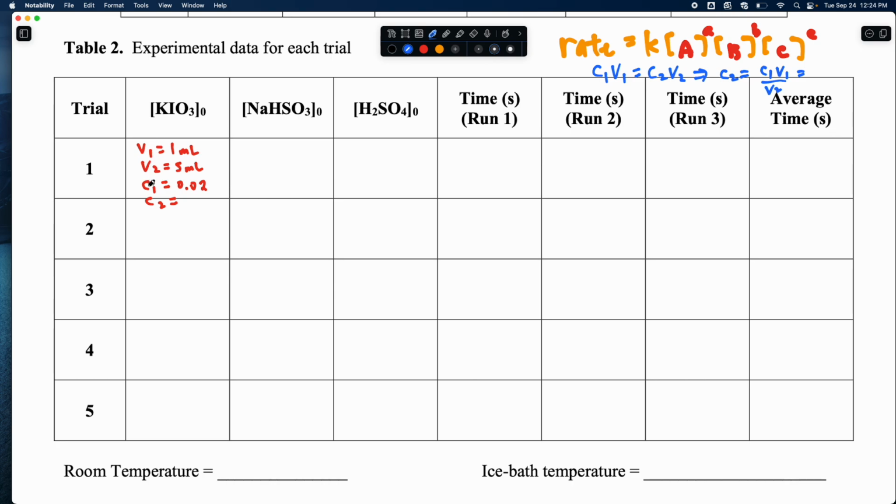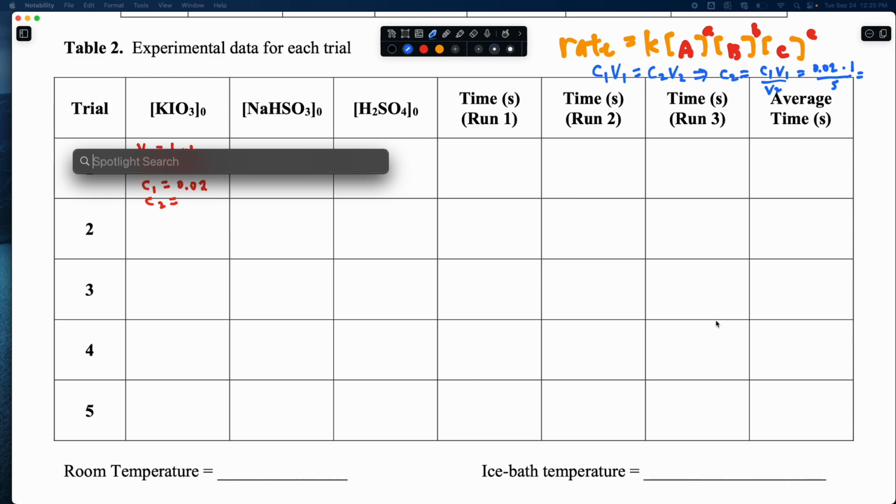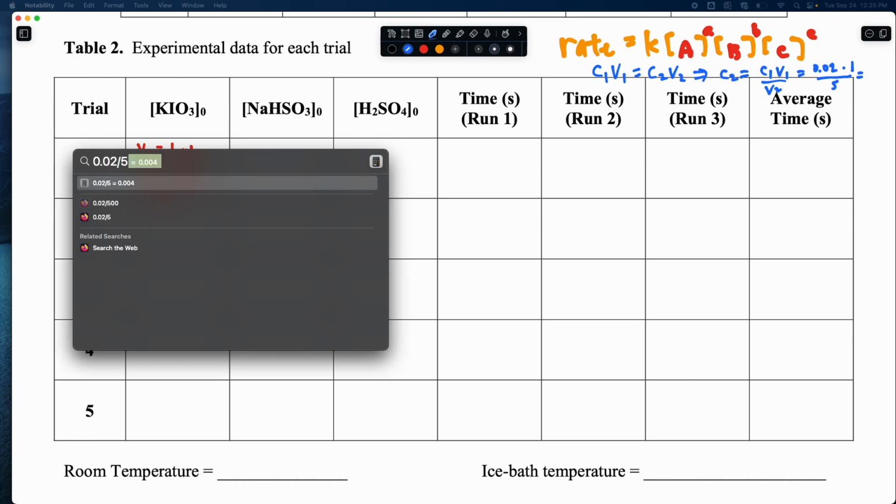Going back over here, C1 is 0.02, V1 was 1, and V2 was 5. So this is 0.02 divided by 5, which is 0.004.